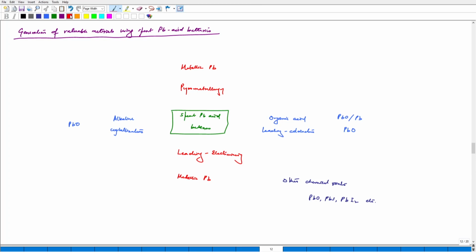It is important to note what we are planning to make, what the route is, and what the intended application is. In most cases for lead acid batteries, the most common intended application is reusing the recovered materials, in this case metallic lead, PbO and PbS.